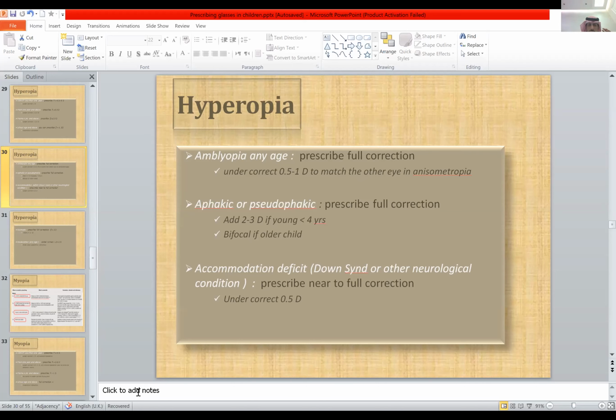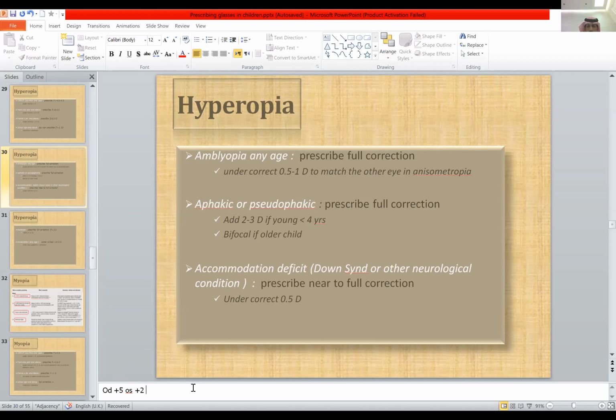I hope it shows up on the screen. So let's say the right eye is +5 and left eye is +2. Okay, in the case of amblyopia in the right eye, you should give the full correction, or you can undercorrect half to 1 diopter to match the other eye in anisometropia.